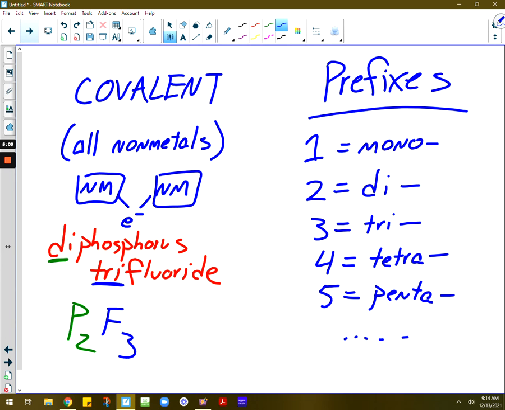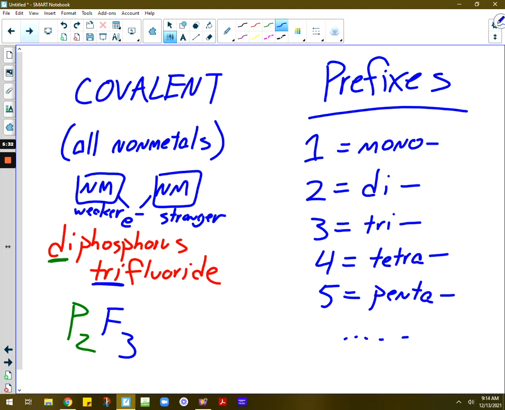Covalent's a lot easier as long as you know what you're looking for. You're still going to have two pieces. You're not going to have a positive piece and a negative piece. You're going to have slightly weaker and slightly stronger, usually.